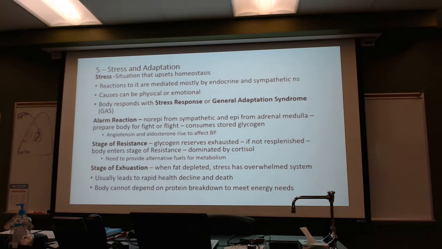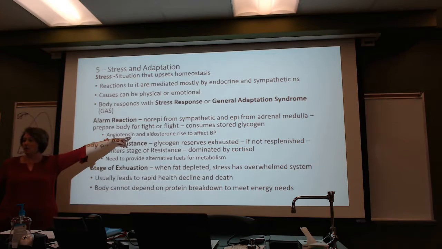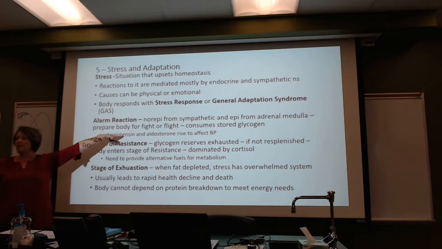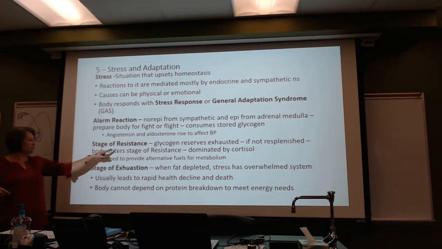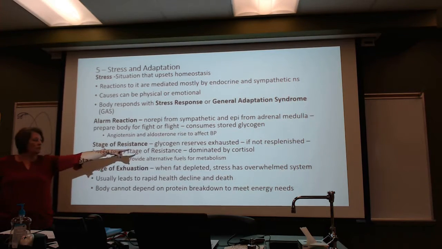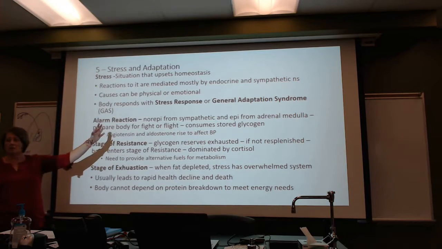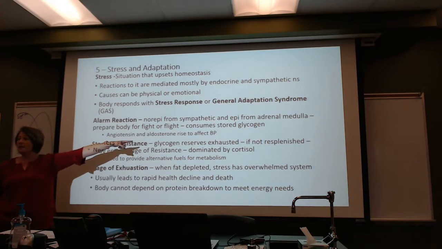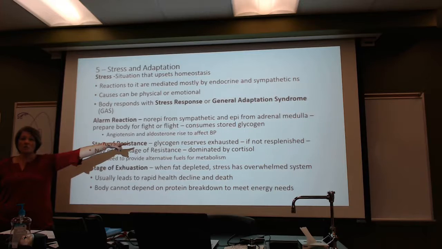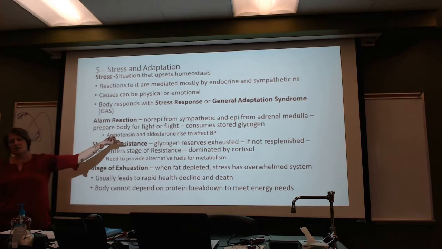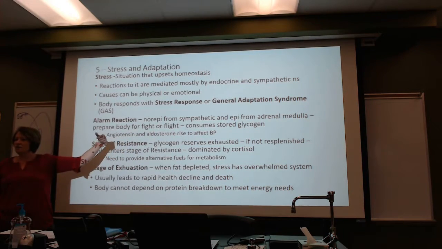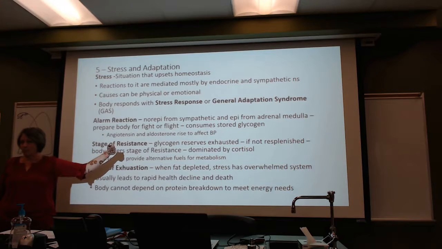Okay? Then, as we begin to run out of the fuels to keep the body in this ramped up state, we get to resistance. Reserves are exhausted, okay? We may be replenishing them in some way, but chances are, if you're under chronic stress, you're not eating like you should, all right?